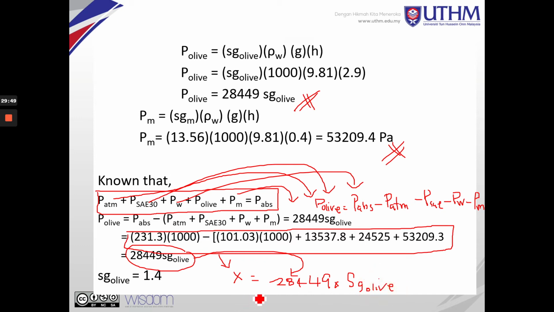That's why you get the SG olive. Just calculate all these values, minus this one, and you get the X. This value is equal to this value, P olive. So that's why you can get the SG olive of 1.4.